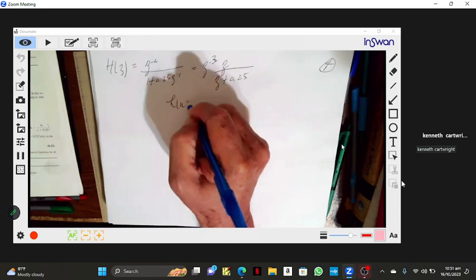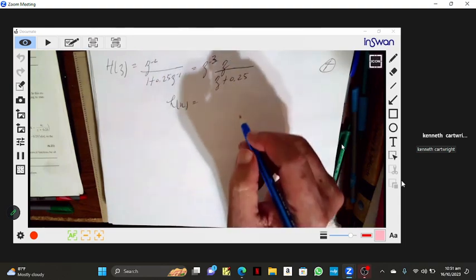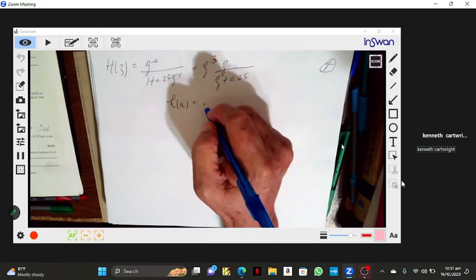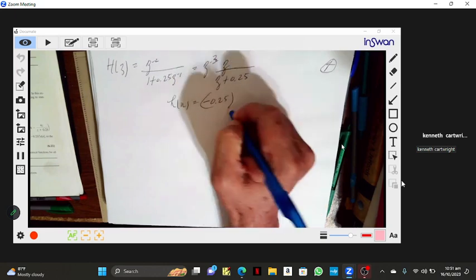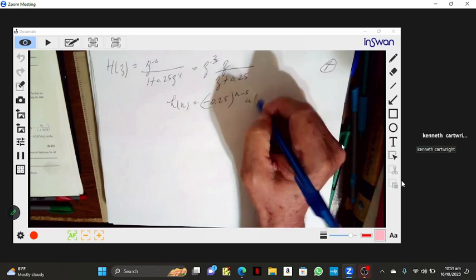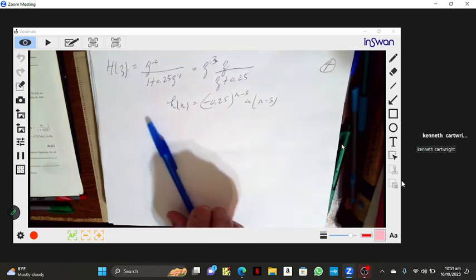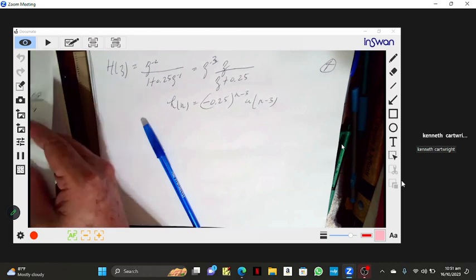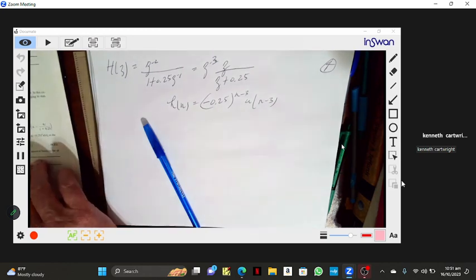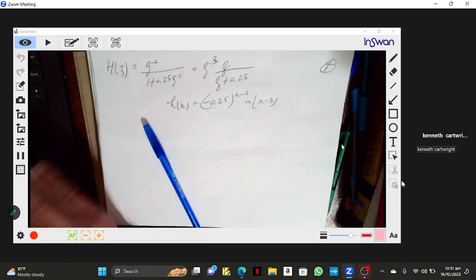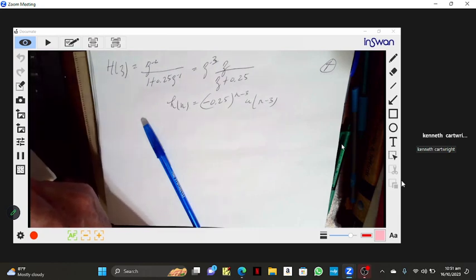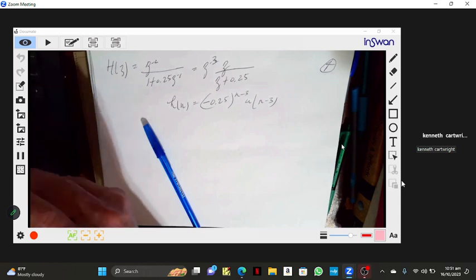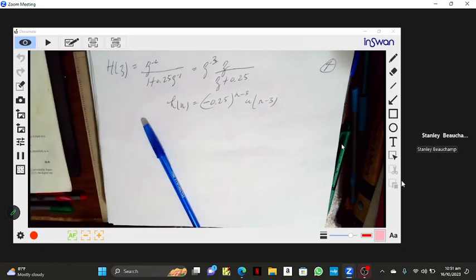So h of n then is negative 0.25 to the n minus 3, u of n minus 3. We did that before. Let me see what example that was. Example 2.1, I think. I remember getting that n minus 3 though.